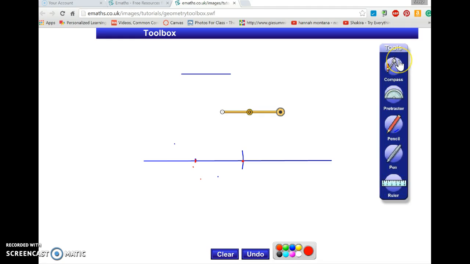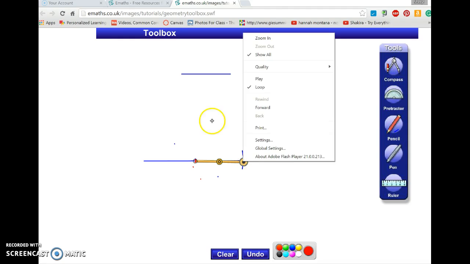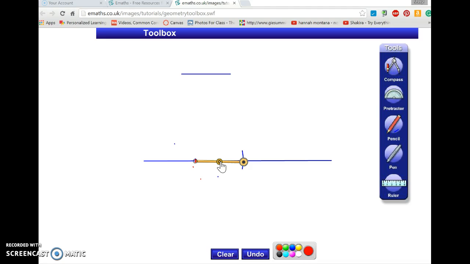Now all I really have to do is take that same measurement, and I'm going to make an arc up here, keeping the same measurement of my compass, and draw an arc there.